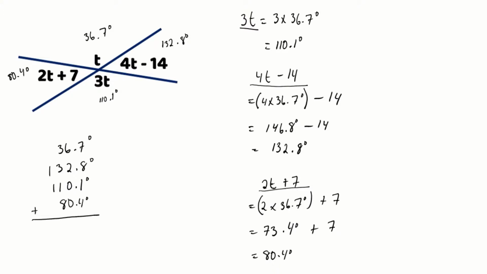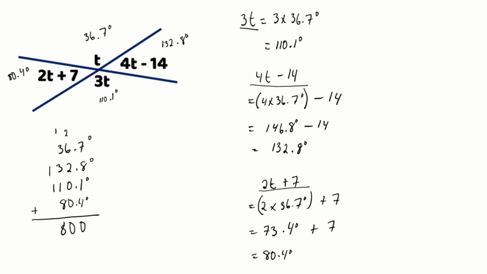So let's add our numbers together. 7 plus 8 is 15, 15 plus 1 is 16, and 16 plus 4 is 20. So I'm going to put in my 0, carry my 2. 2 plus 6 is 8, 8 plus 2 is 10. So I'm going to add my 0, carry my 1. 1 plus 3 is 4, 4 plus 3 is 7, 7 plus 1 is 8, and 8 plus 8 will give us 16.